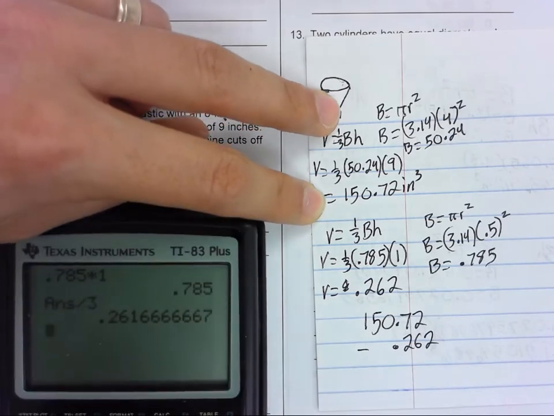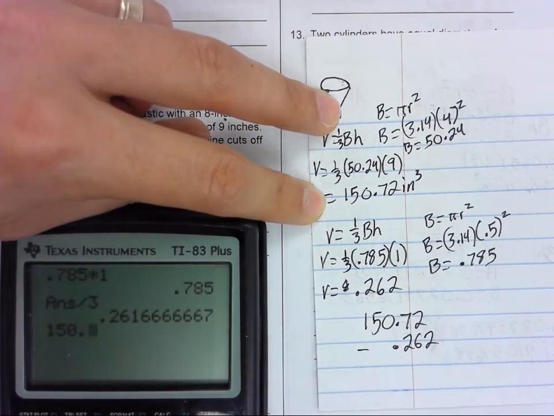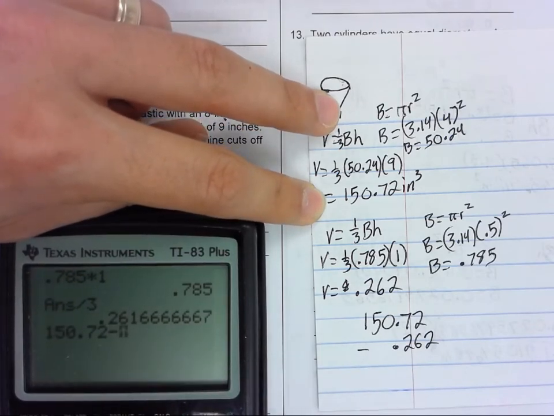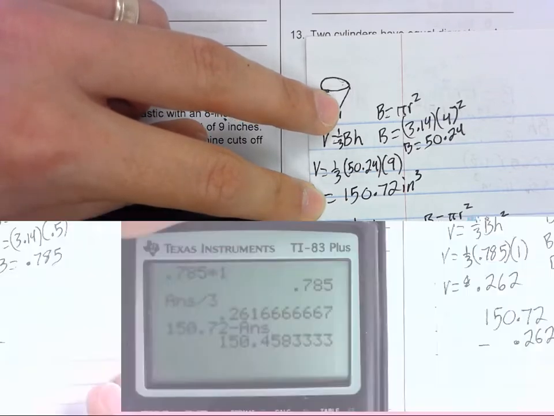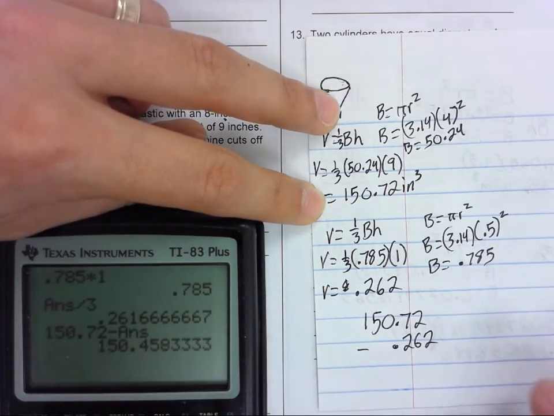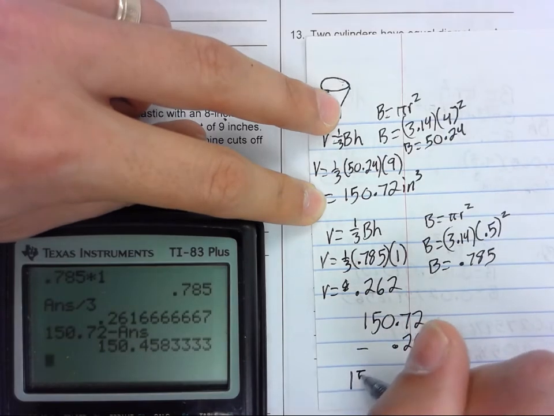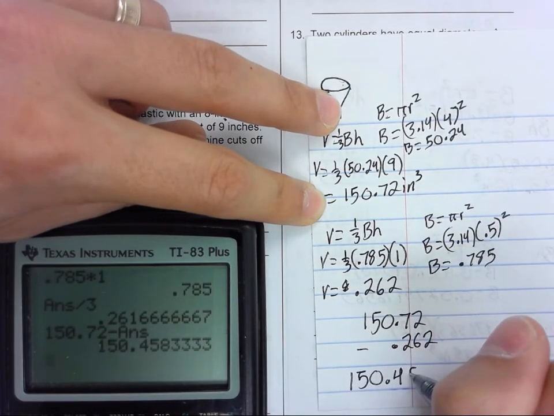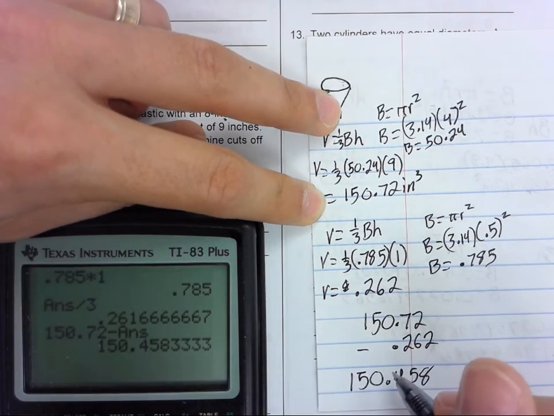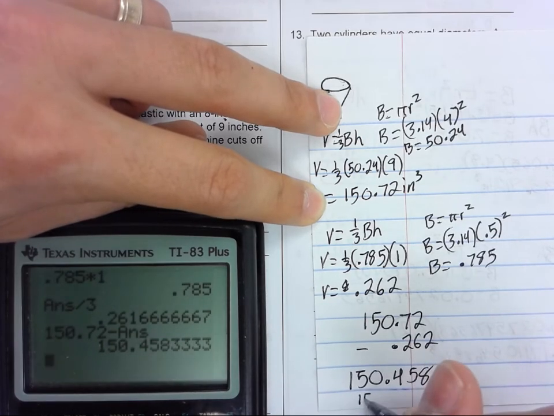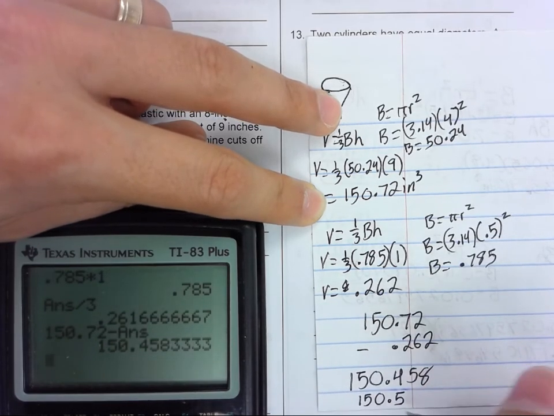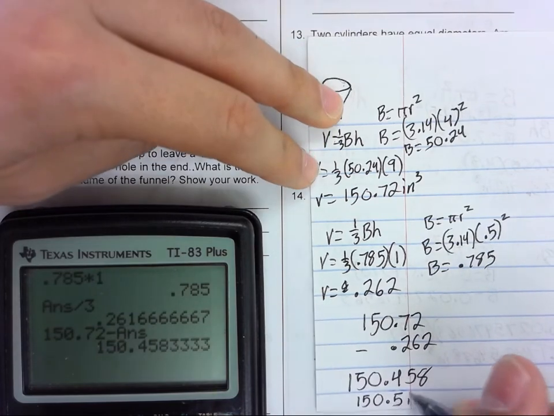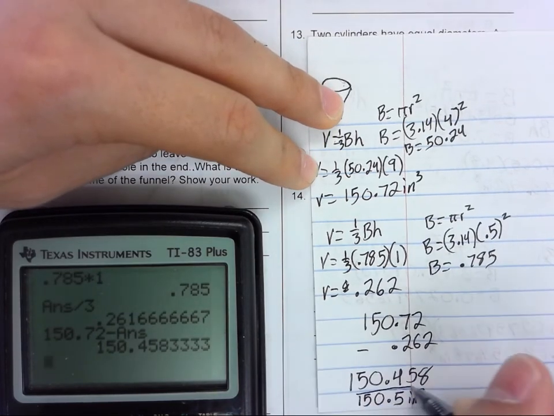So 150.72 minus 0.262, and we get as an answer 150.458. So let's round this to 150.5 cubic inches.